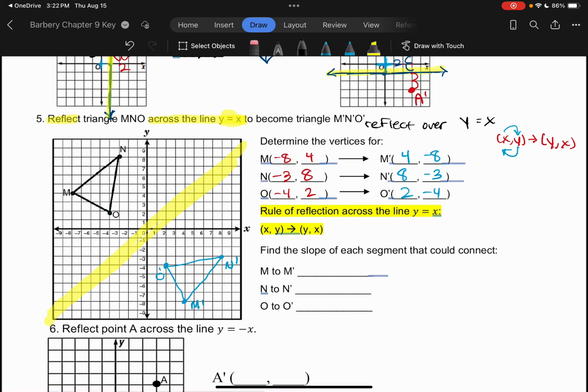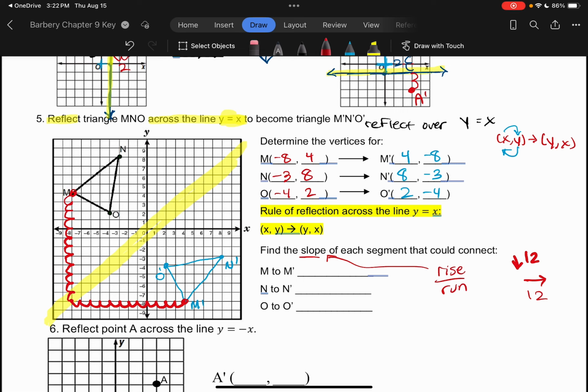Okay. This next part says find the slope of each segment that could connect M to M prime. So remember, slope here is rise over run. Let's check for M to M prime. We're going down 12 and to the right 12.